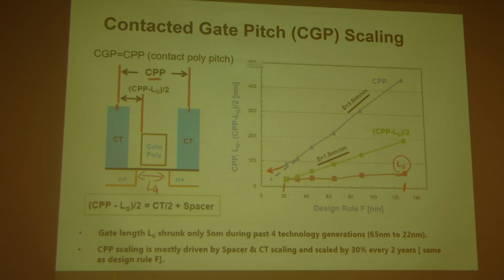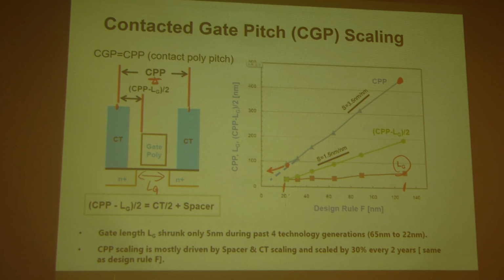This is the dimension that we are scaling actually. If you look at the scaling here, this CGP or CPP scales well over the technology nodes. So this is the one that is really scaling.